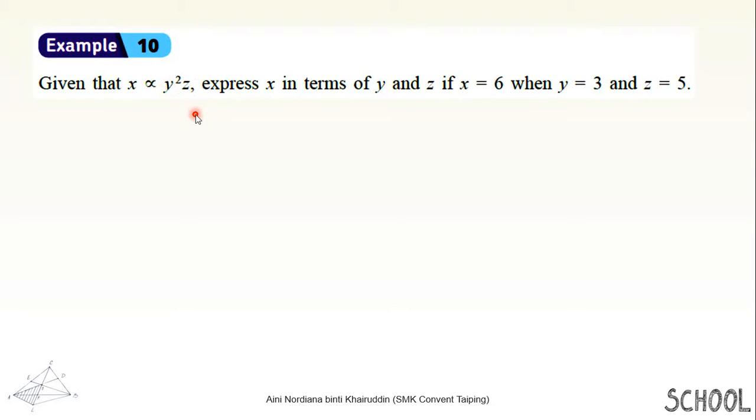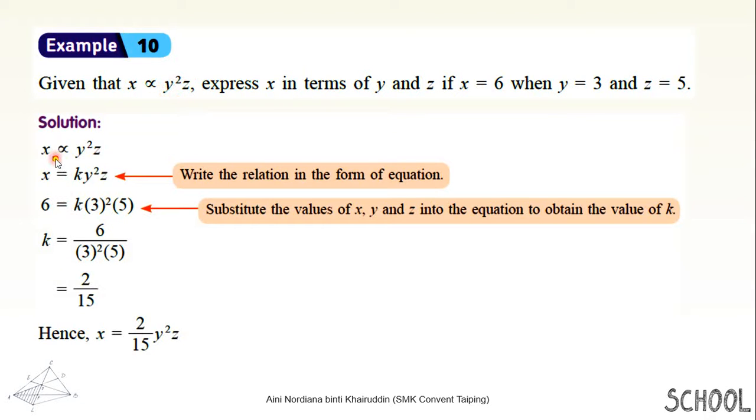So the first step, write in the variation relation, and then write the relation in the form of equation. Substitute the value of x, y, and z, and then you will get the value of k. Hence, x equals 2 over 15 y squared z. We just substitute the value of k here.